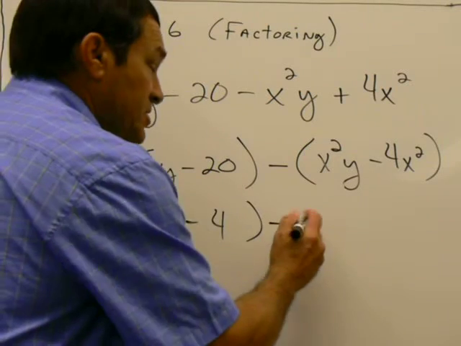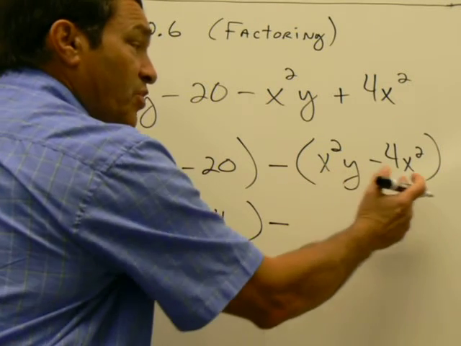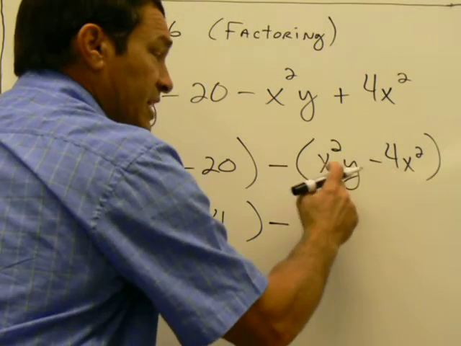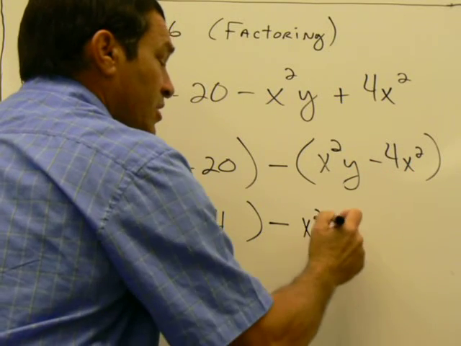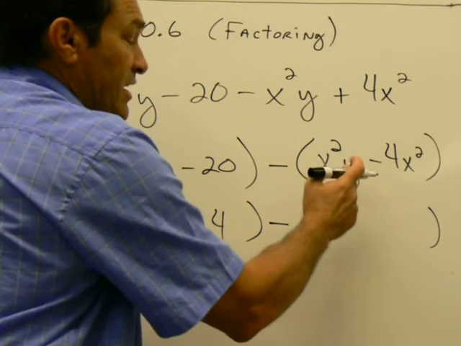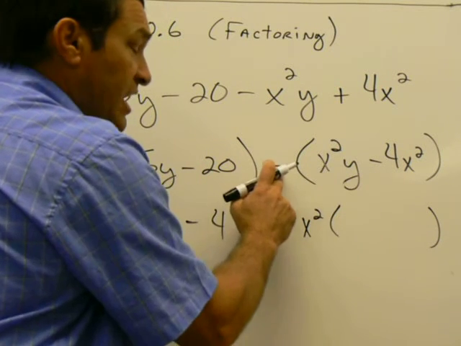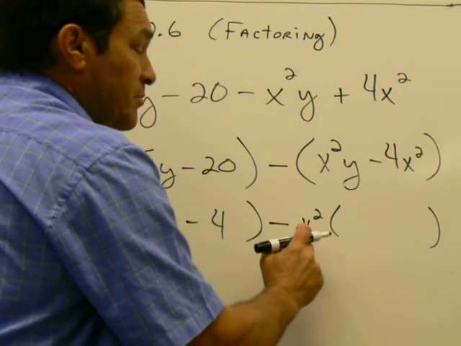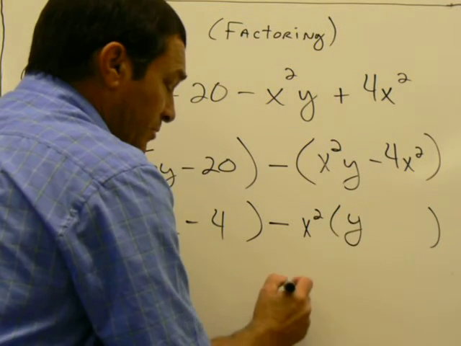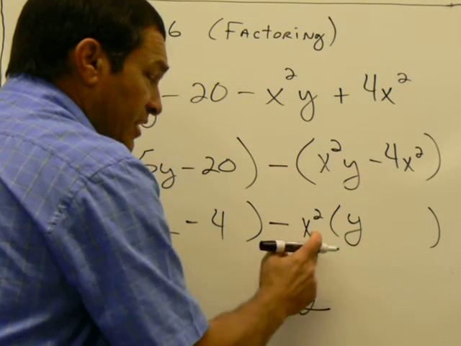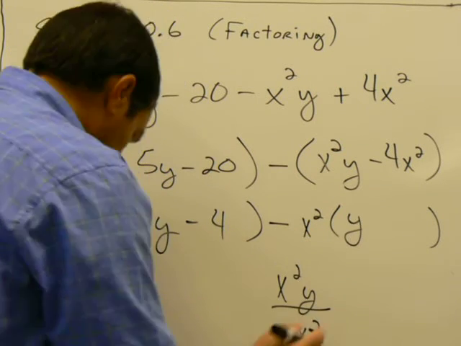Now I'm going to do the same thing over here. I'm going to look at the x squared y minus 4x squared. I can factor an x squared out of each of those terms. I can divide each of these by x squared. What you're going to divide them by, you write outside the parentheses. Notice the negative sign that's here, I just brought it along. If I take the term x squared y divided by x squared, that leaves me with the y. Again, what I'm really doing is taking x squared y, divided by what I'm factoring out, the x squared.